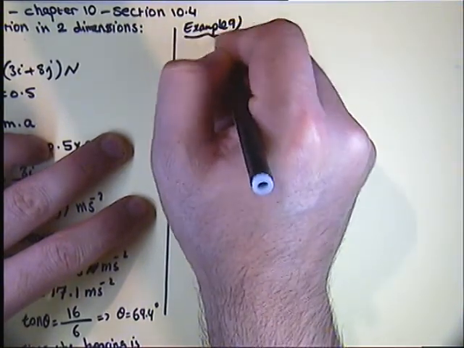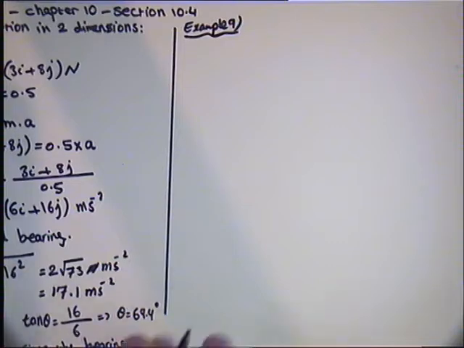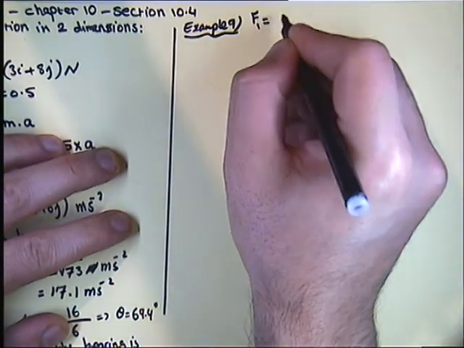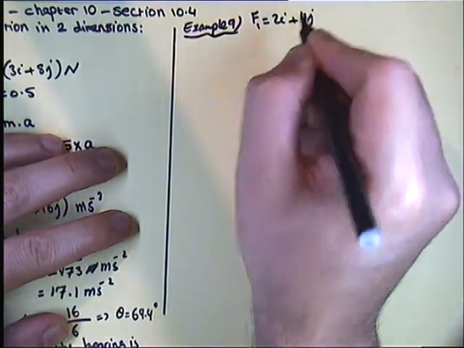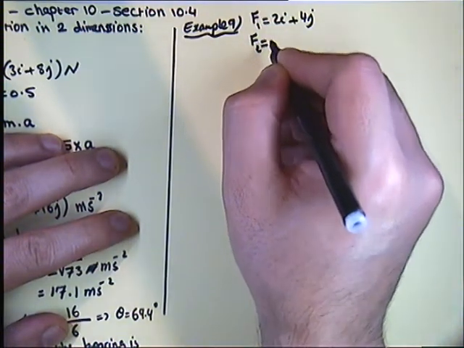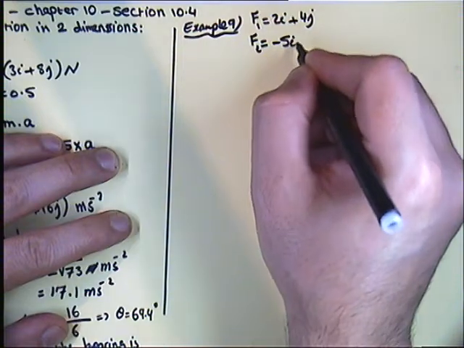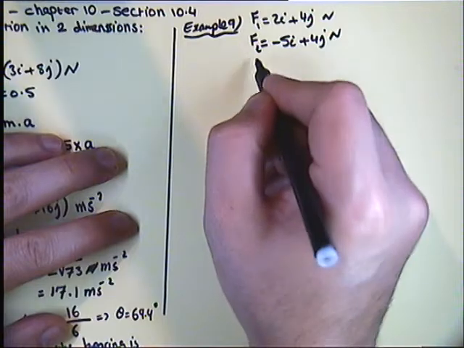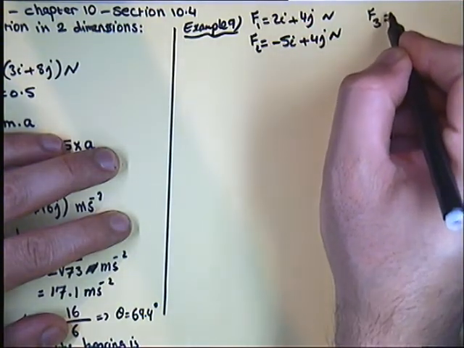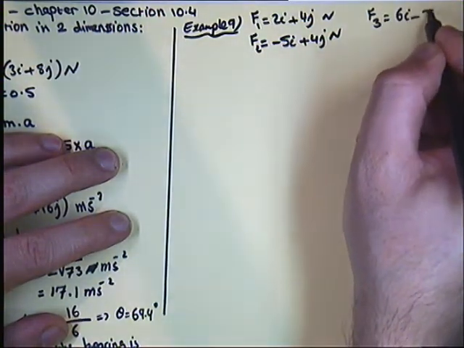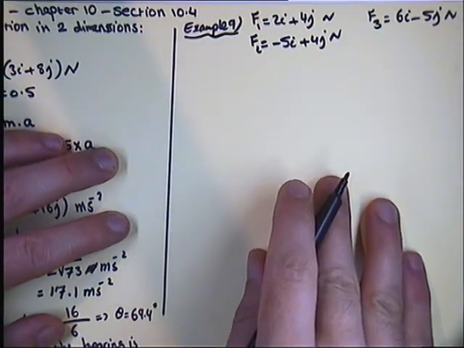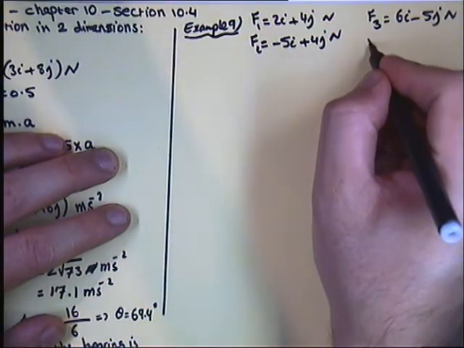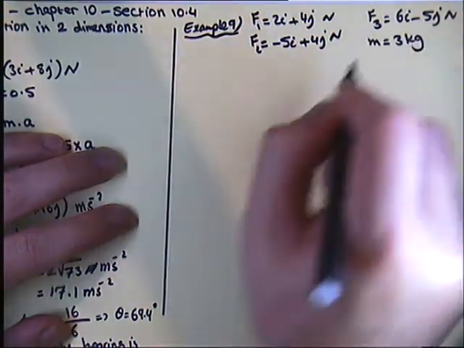It says forces F1 equals 2i plus 4j, F2 equals minus 5i plus 4j newtons, and F3 equals 6i minus 5j newtons act on a particle of mass 3 kg. m is equal to 3 kg.